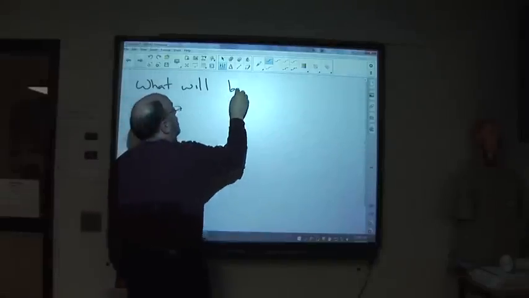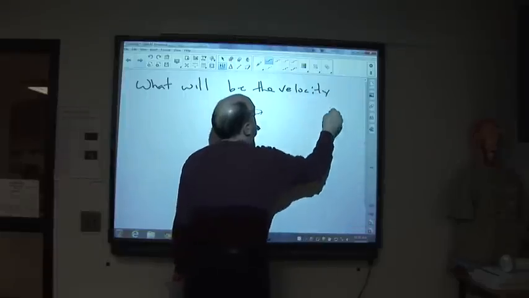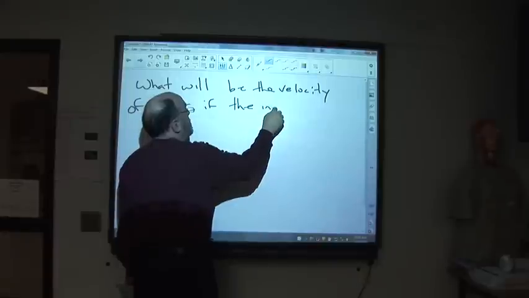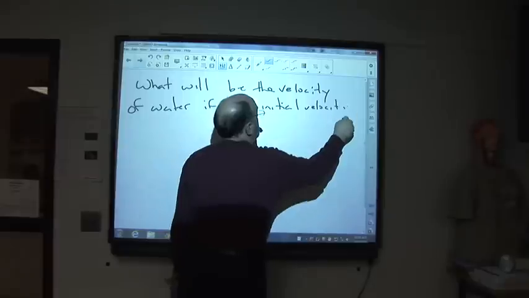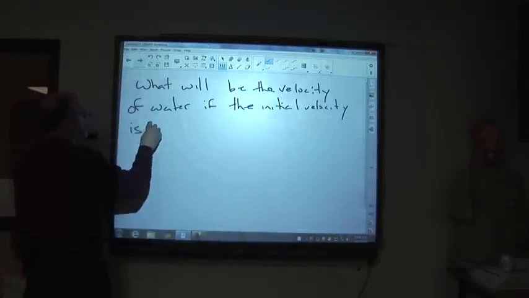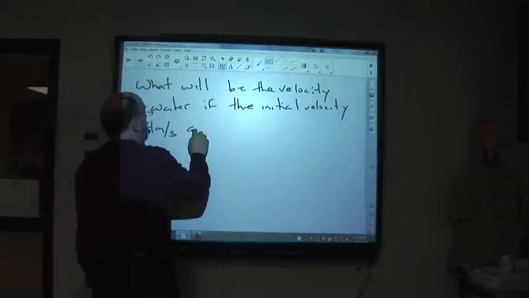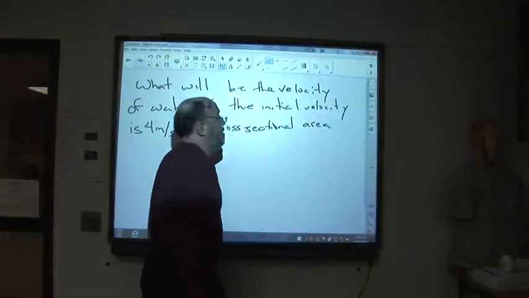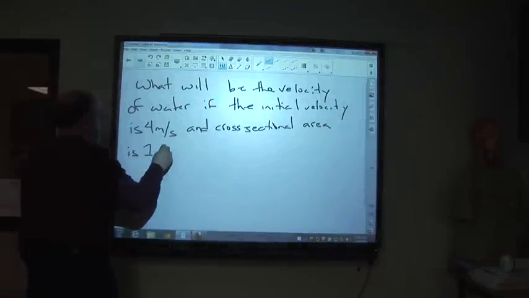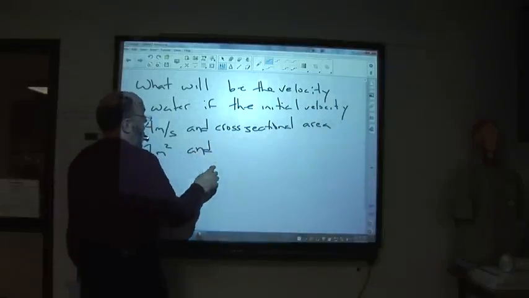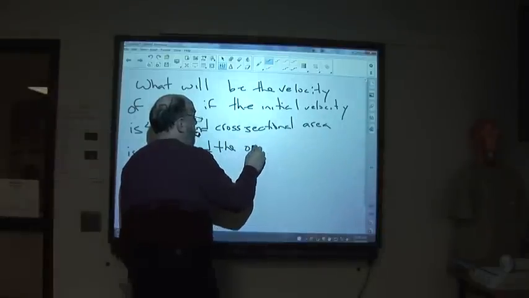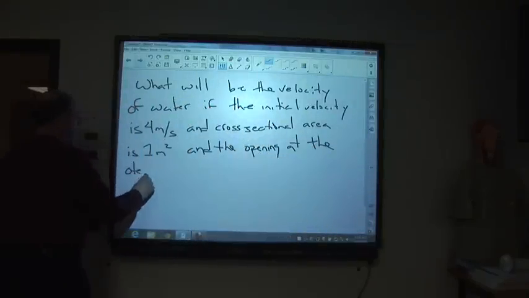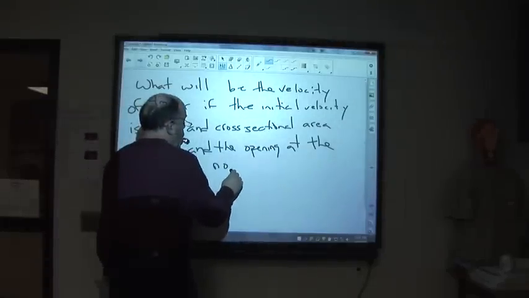What will be the velocity of water if the initial velocity is 4 meters per second, and the cross-sectional area is 1 meter squared, and the opening at the other end is now 0.2 meters squared.